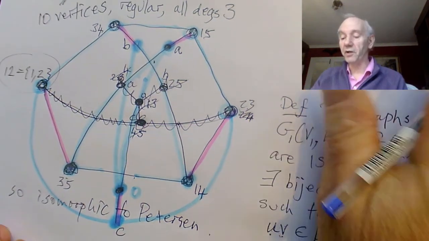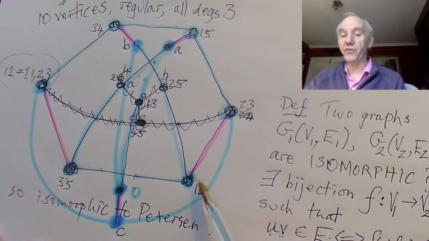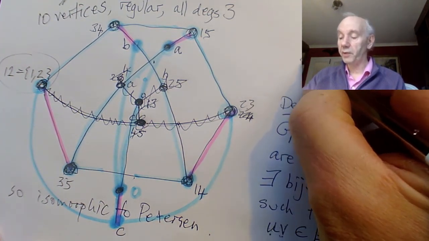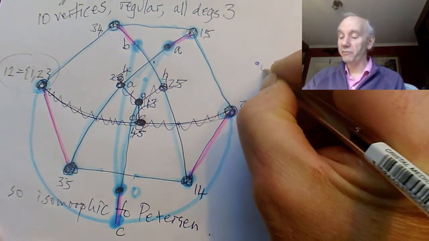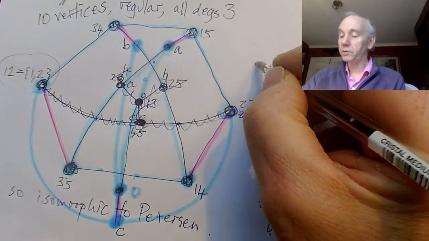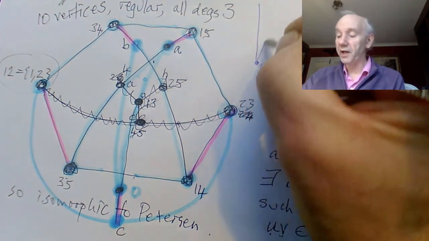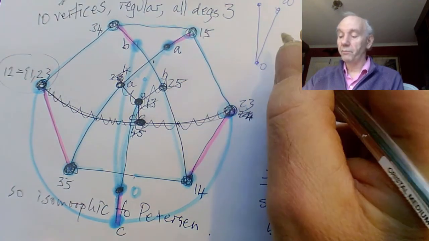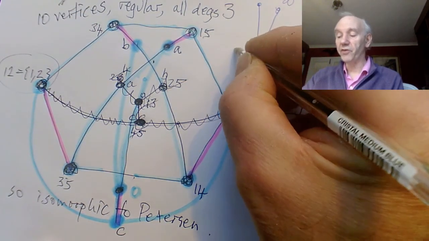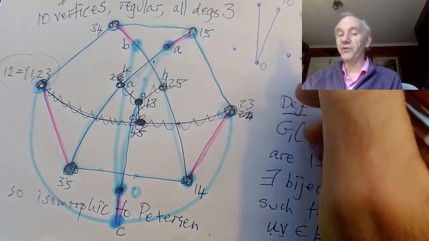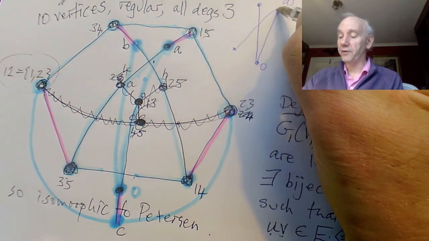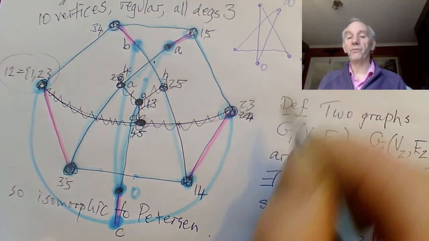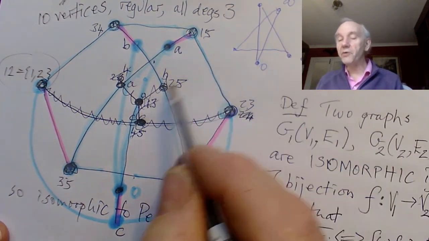So we've certainly got the pentagon around the outside, and on the inside we have this: we've got O there, and we have these two things going up there to B and A, and then we have these other 2 vertices here, and we have that joined to that, that joined to that, and that joined to that. Okay, and that is a pentagram. That's what we have on the inside. So we do have the Petersen graph.